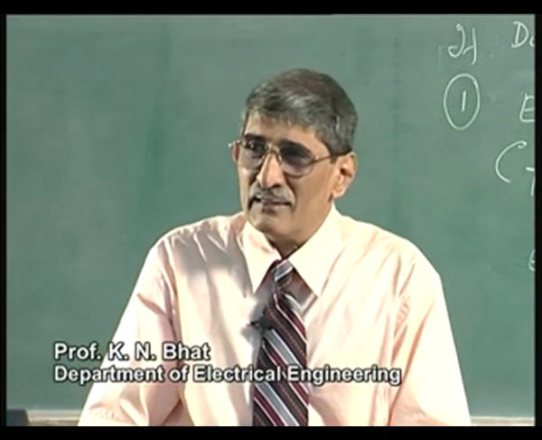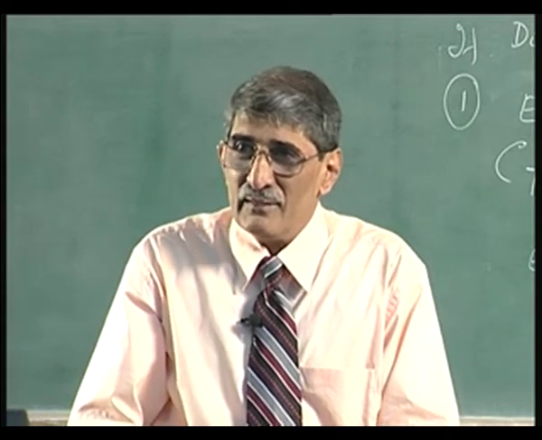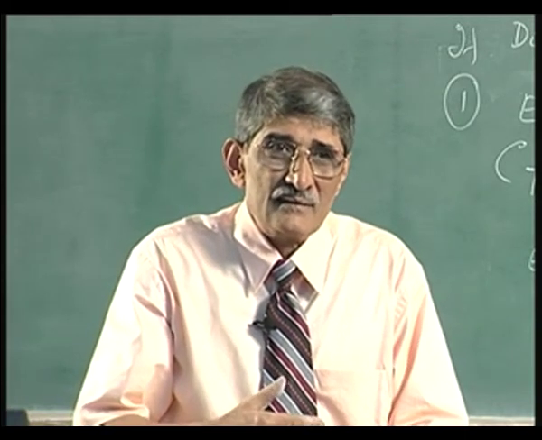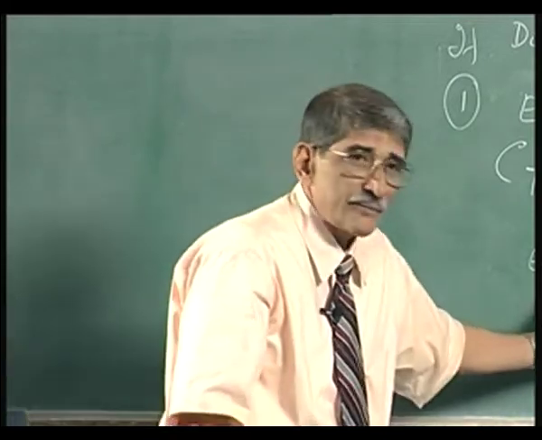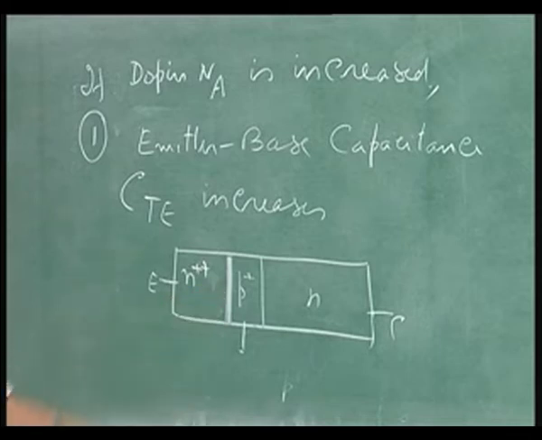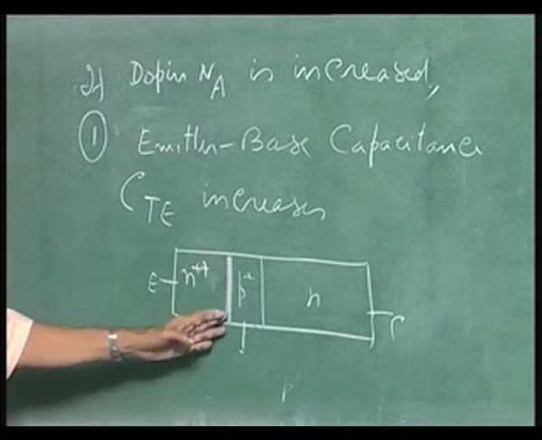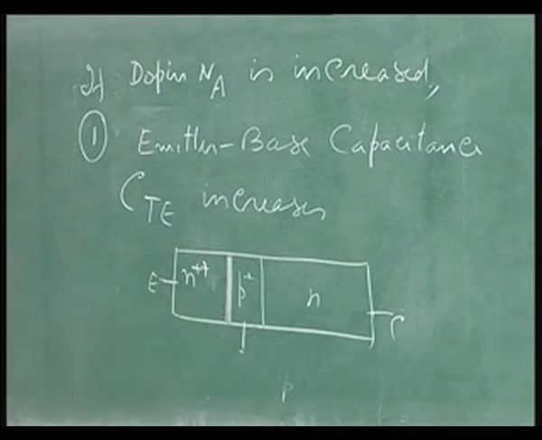Once you have tunneling current, the junction behaves entirely differently from the way you want. If you take a tunnel junction, it behaves almost like an ohmic contact initially. You will have negative resistance characteristics, etc., but that is the ultimate.